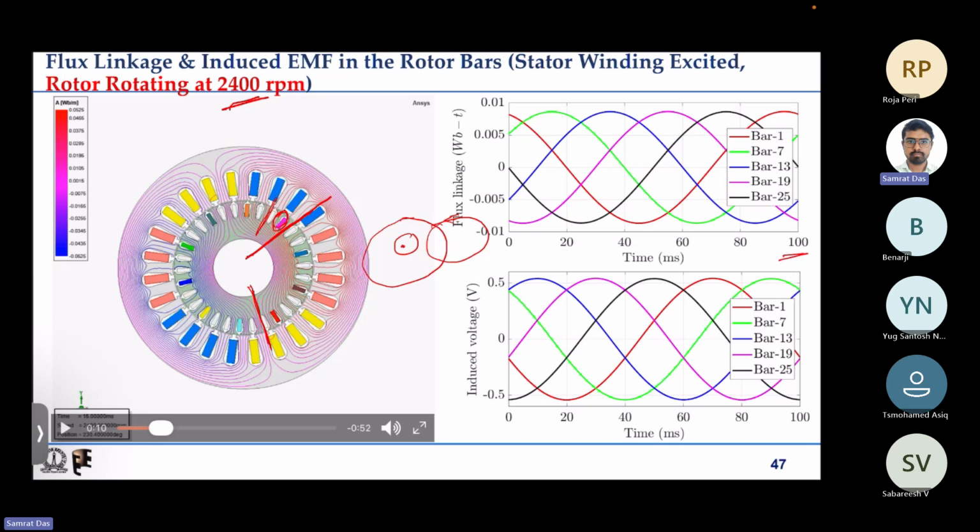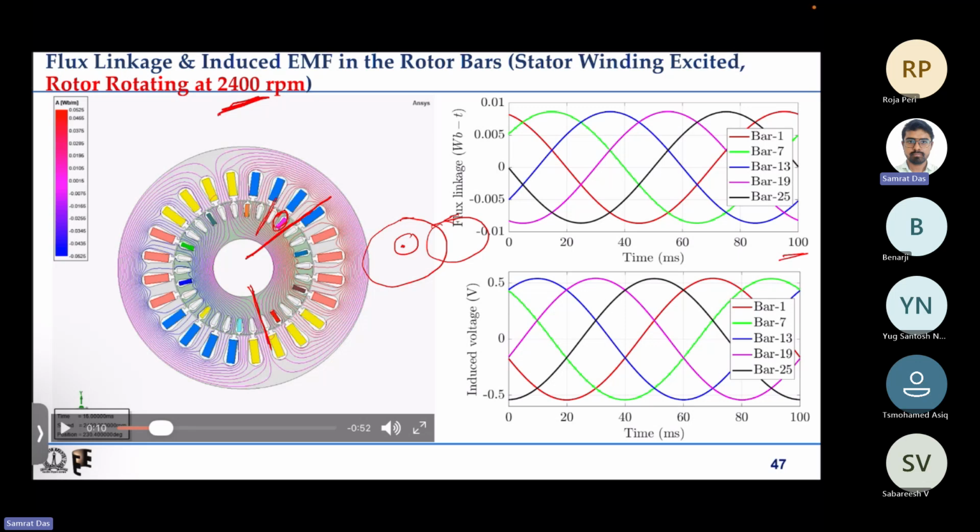It corresponds to 600 rpm. We know the stator field is rotating at 3000 rpm, and the rotor is rotating in the same direction at 2400 rpm. So 600 rpm is the relative speed of the rotor conductors with respect to the stator rotating magnetic field. That is why we have 10 hertz flux linkages on each and every bar.